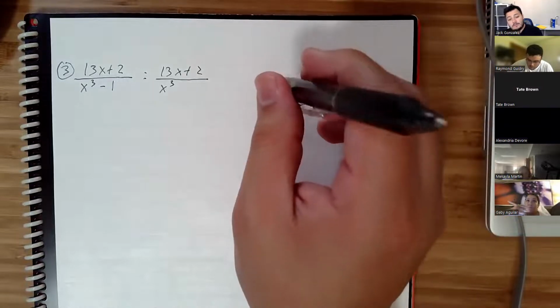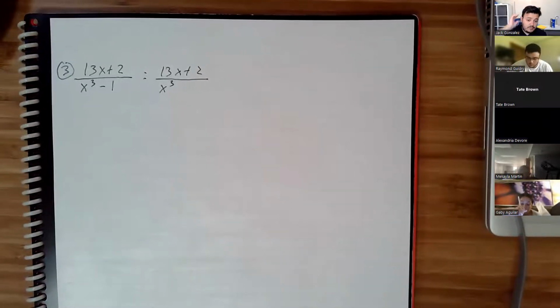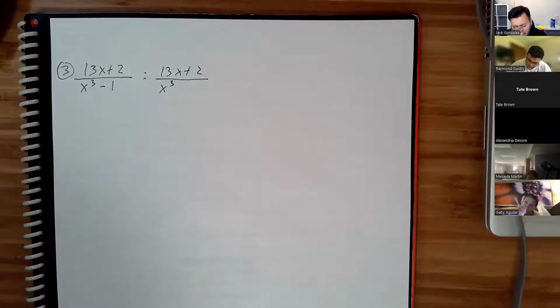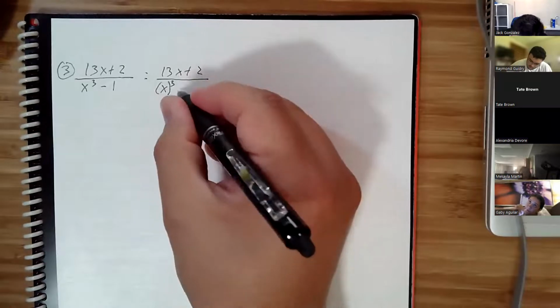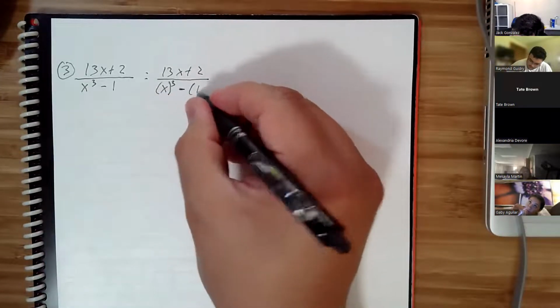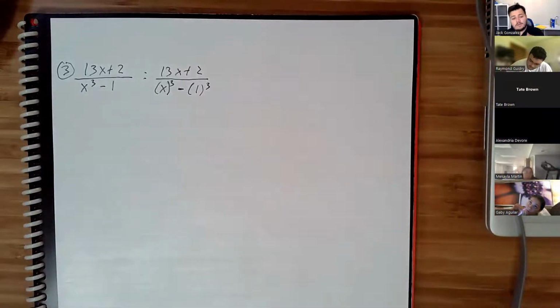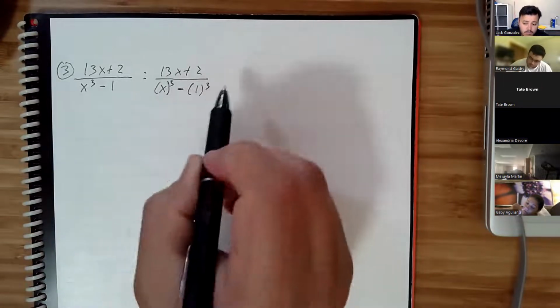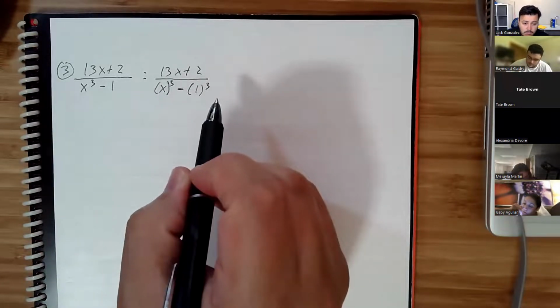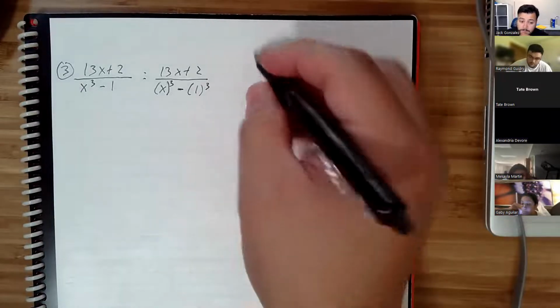So first thing we got to do for number 3, to know the partial fractions, is we got to factor the denominator by using the difference of cubes. Then we did one of those in the homework for somebody, or at least we set it up. So x cubed minus 1 is the same as x cubed minus 1 cubed. Okay. So apply your formula.